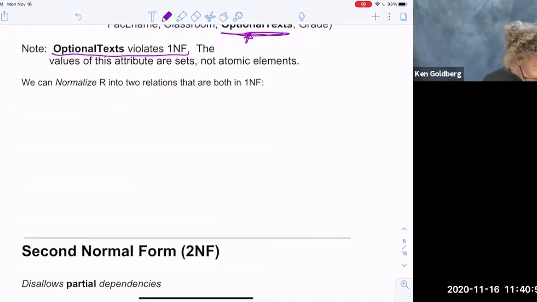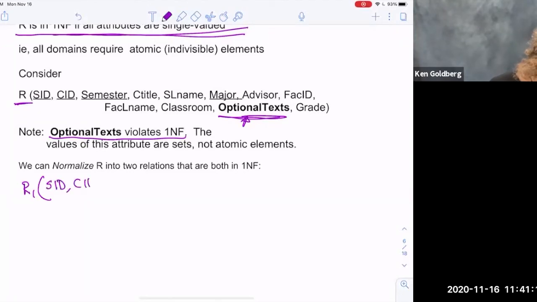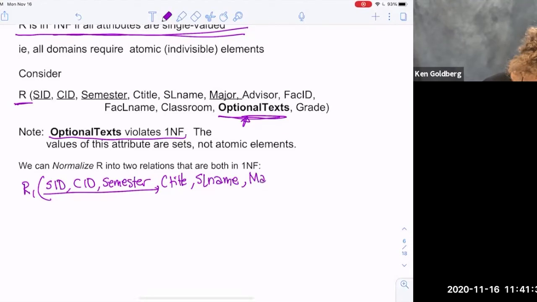Here's what we had to begin with, R. I'm going to rewrite that as R1. R1 is going to have everything here: student ID, course ID, semester, C title, student last name, major, advisor, faculty ID, faculty last name, classroom, and grade. My handwriting is usually not this bad, I think it's just the way this pen is.